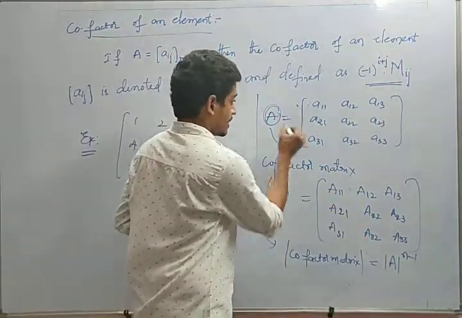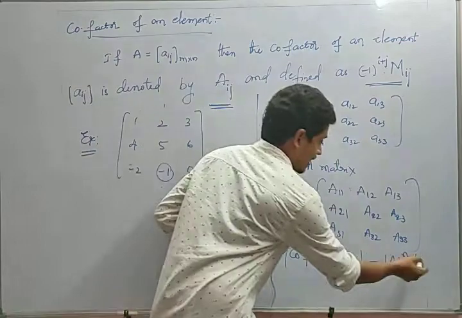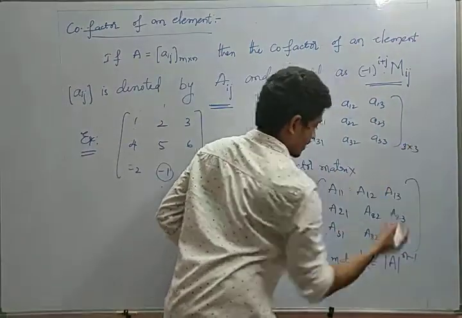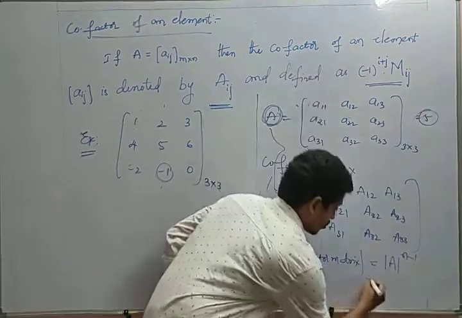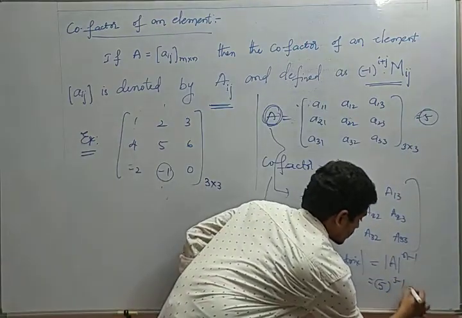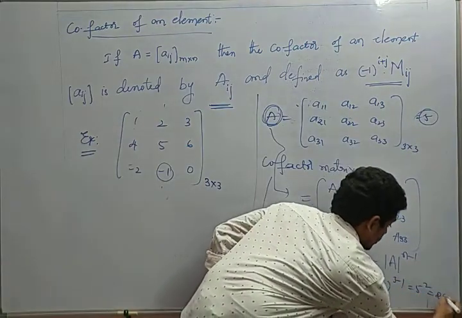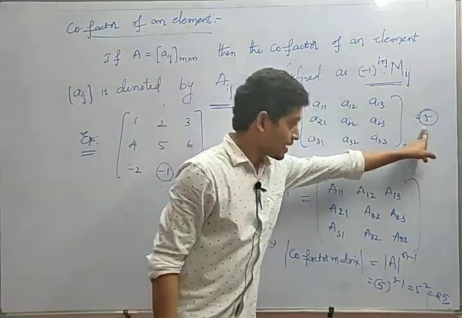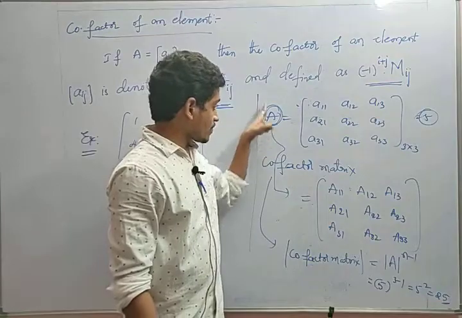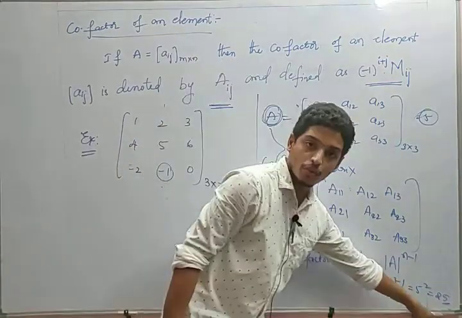Nothing but det of A whole power n minus 1. This is order 3 by 3, right? If the determinant of this matrix is 5, so 5 power 3 minus 1, that is nothing but 5 square, 25. So if the determinant of the matrix is 5, then the cofactor matrix determinant is 25.